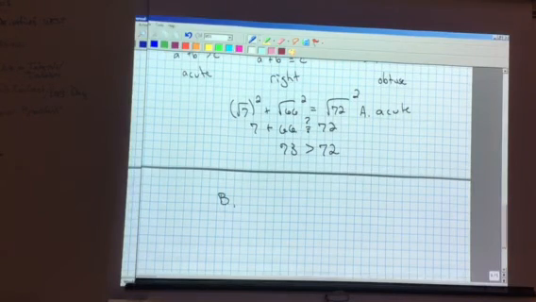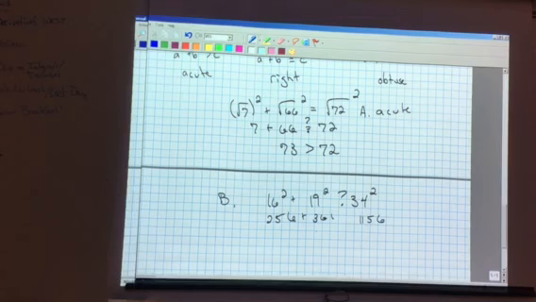Now let's check out B. We have 16, 19, and 34. So we'll do 16 squared plus 19 squared and see how that compares to 34 squared. So we'll put a little question mark in between there. 16 squared is 256. 19 squared is 361. 34 squared is 1156.